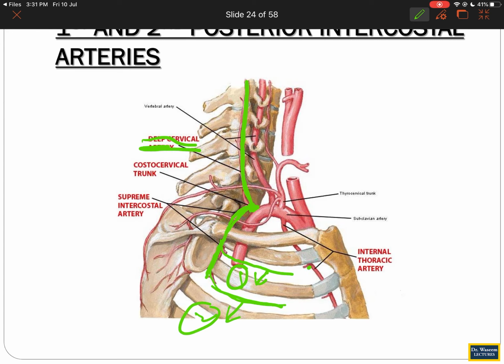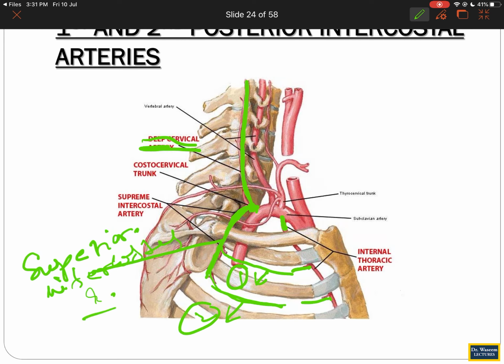Anteriorly we don't have any problem because the internal thoracic artery, which is also a branch from the concavity of the subclavian, contributes, but posteriorly this artery will contribute through this branch. This branch is the superior intercostal artery, one of the two terminal branches of the costocervical trunk.